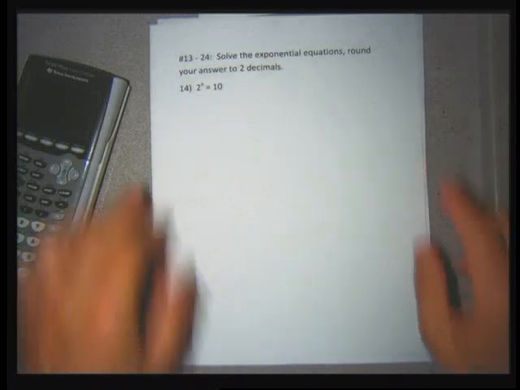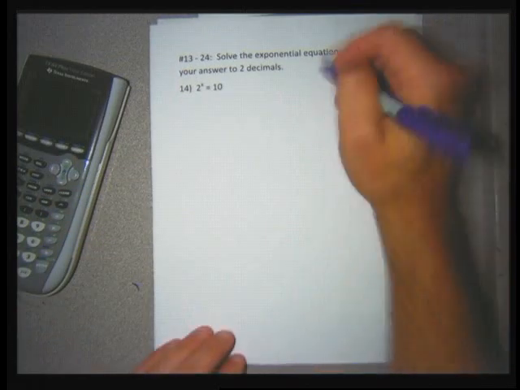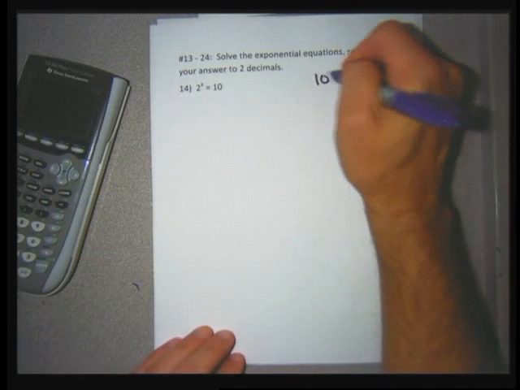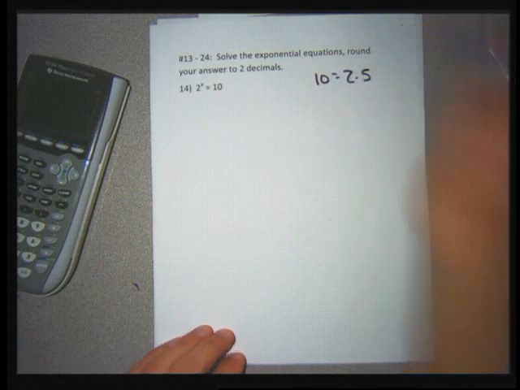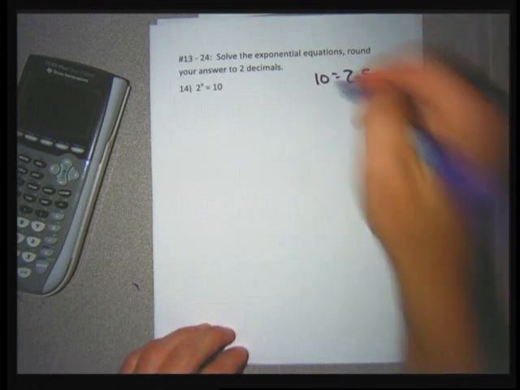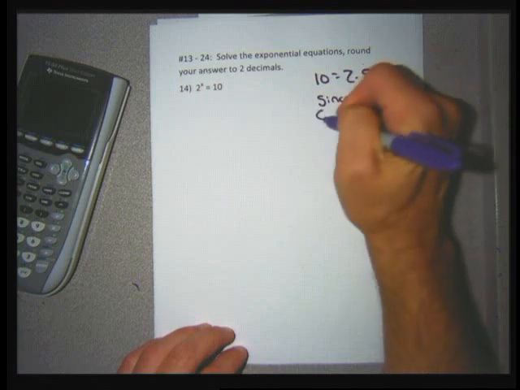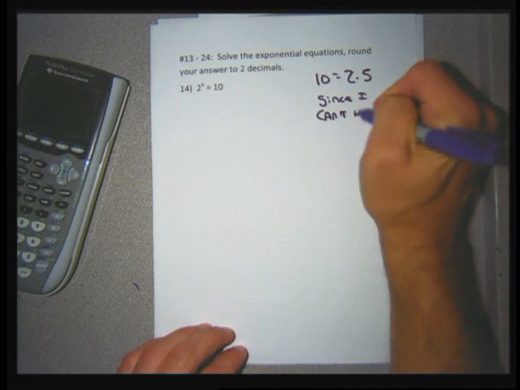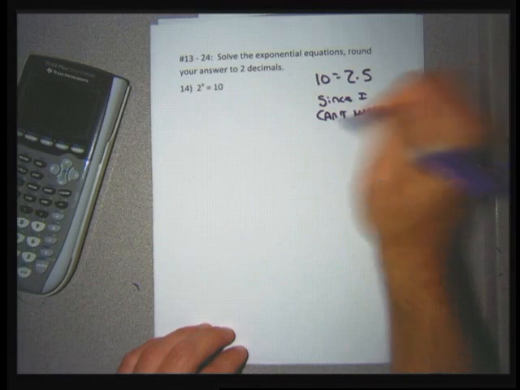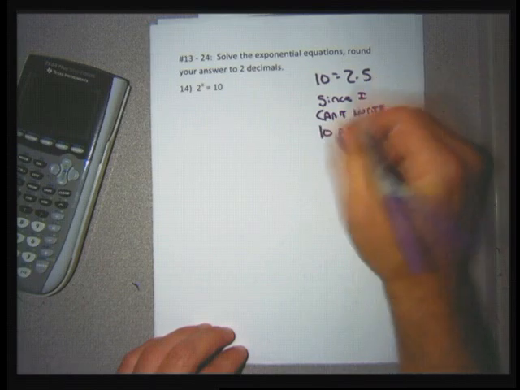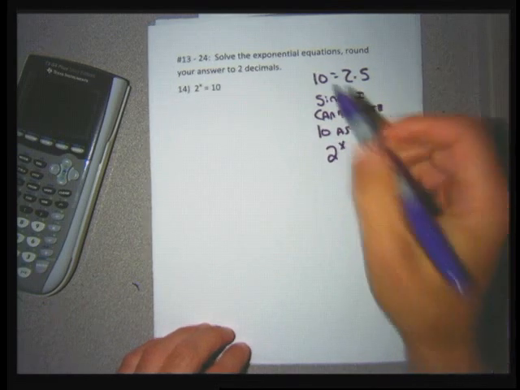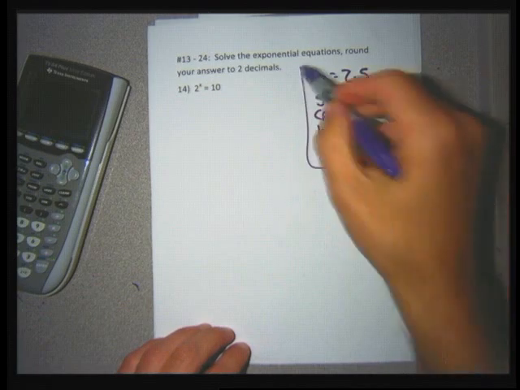For number 14, it's going to be impossible, because if I did a prime factoring for 10, I can't write 10 as 2 to some power. So I can't use the non-logarithm approach.